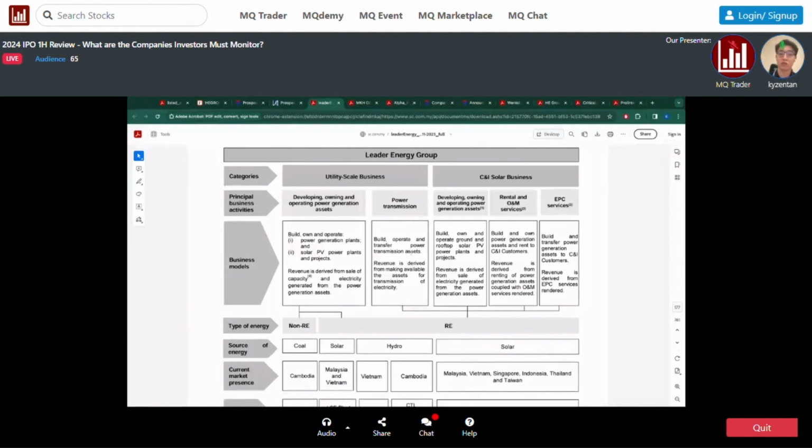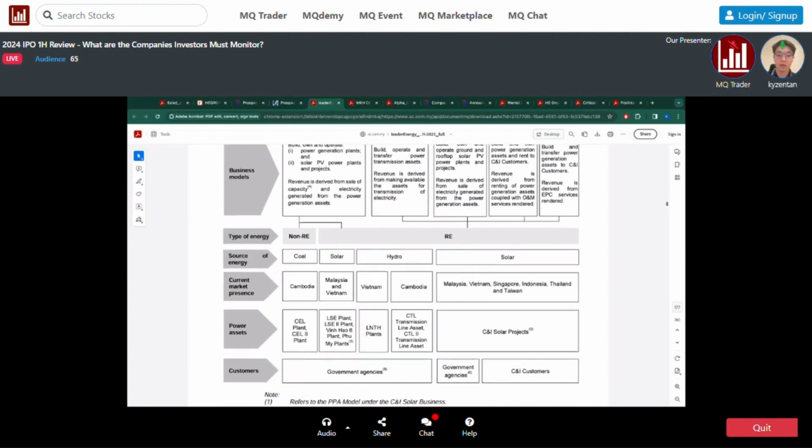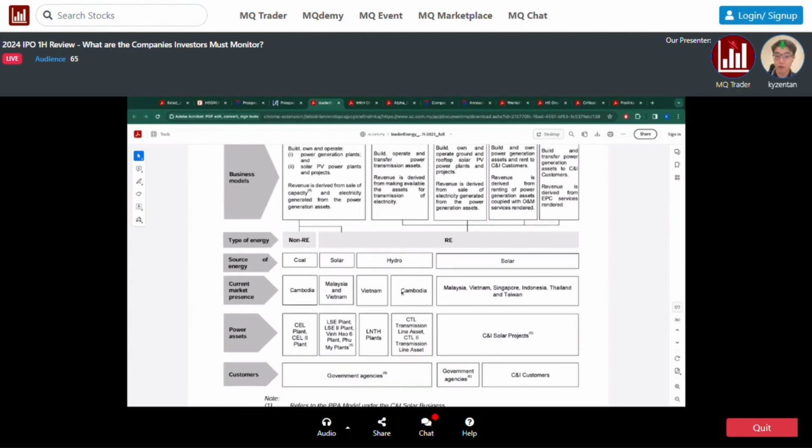This is a bit similar to Pestech and CNI, commercial and industrial solar business. That means if you look at a lot of factories now, on their rooftop they have solar panels, and they also have built their own power generation asset and rent to their customer. That means that they fund it. Also EPCC services. So unlike other companies in Malaysia, they have quite a wide range of coverage. If you look here, for non-RE, they have a coal-fired plant, and solar in Malaysia and Vietnam.